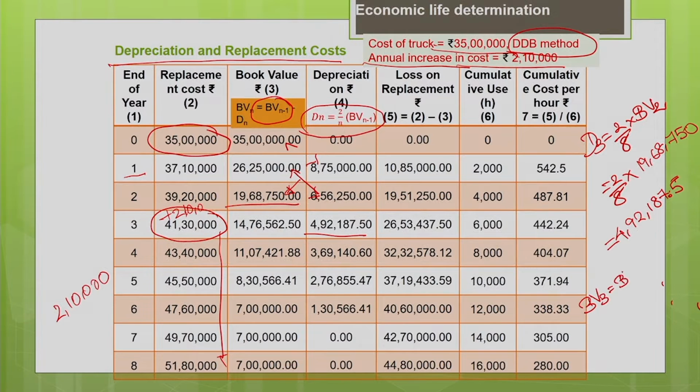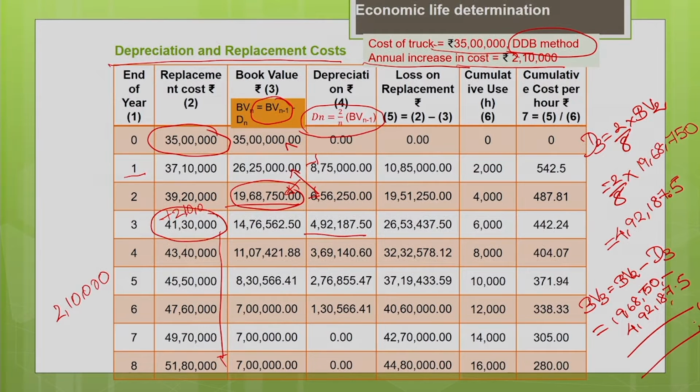Okay. Now, you calculate the book value at the end of the third year. It is nothing but the book value at the end of the second year minus the depreciation for the third year. The book value at the end of the second year is 19,68,750, minus the depreciation for the third year, 4,92,187.5.